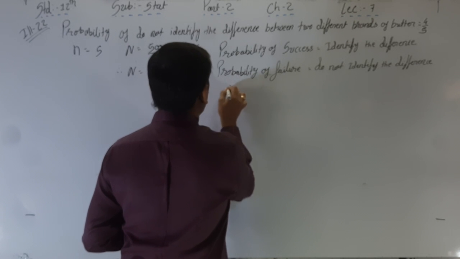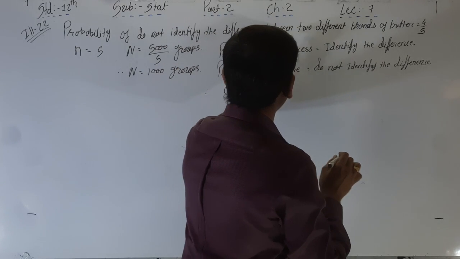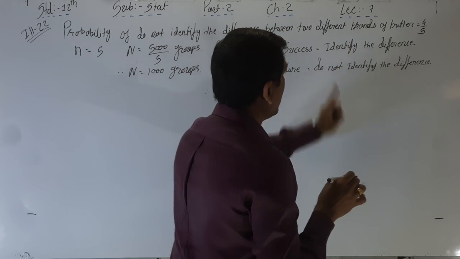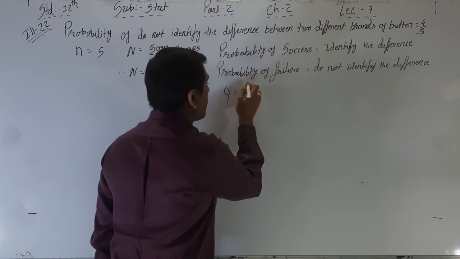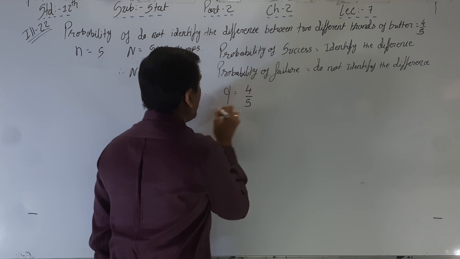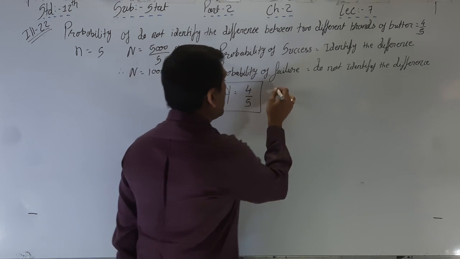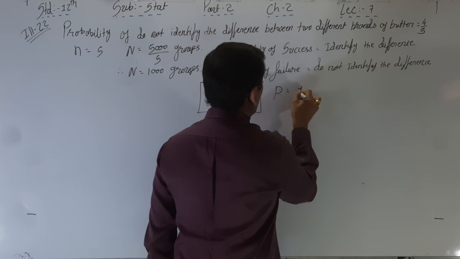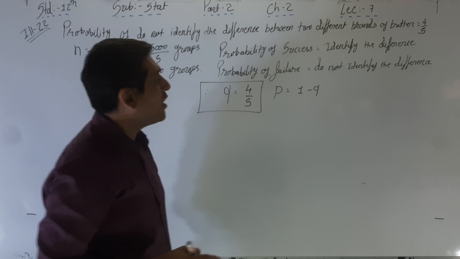Therefore, Q is given here. Probability of do not identify the difference between two different brands of butter is 4/5, and here probability of failure, that is Q, is equal to 4/5. Now P is equal to 1 minus Q, probability of success, that is identify the difference.